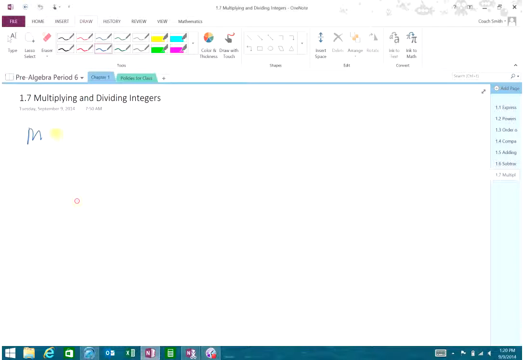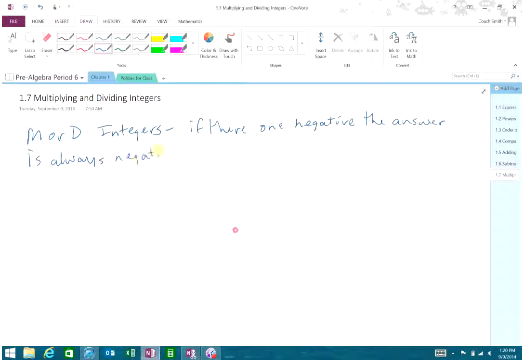When you multiply or divide integers, okay, if there is one negative sign, the answer is always negative. Okay.